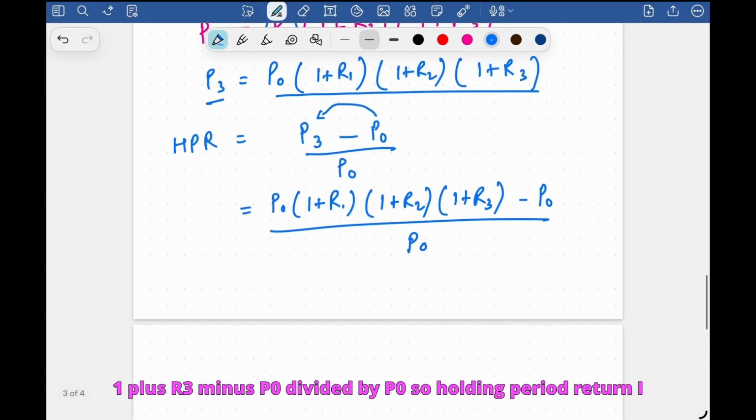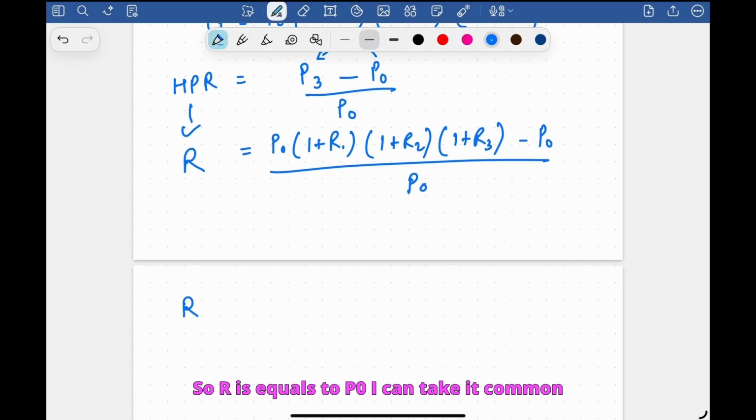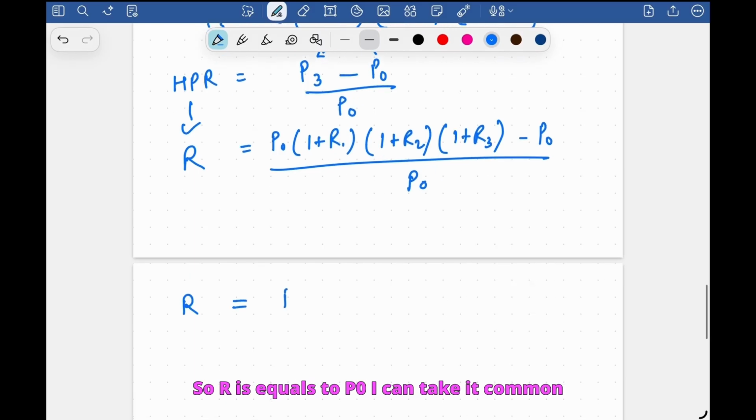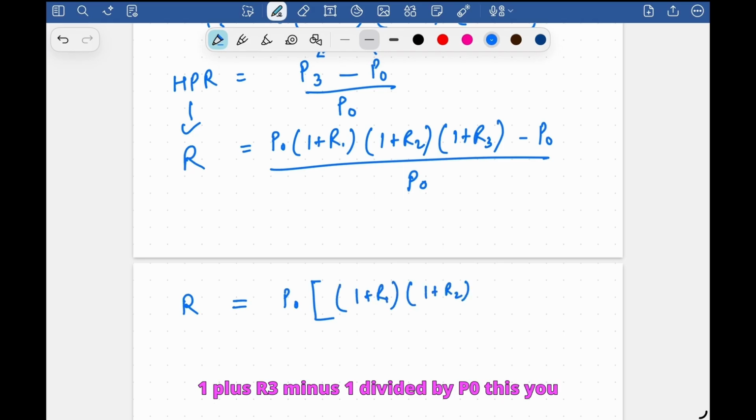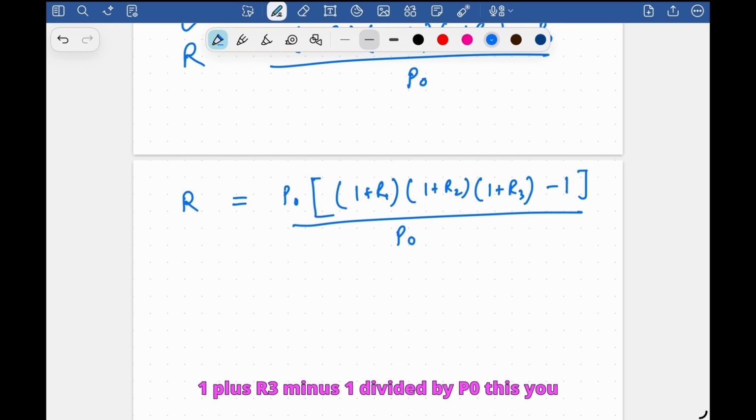So holding period return, I'll just write it as R, right? So R is equal to P0, I can take it common. I'll take it out. Then (1 plus R1)(1 plus R2)(1 plus R3) minus 1, divided by P0. This, you cut it off.